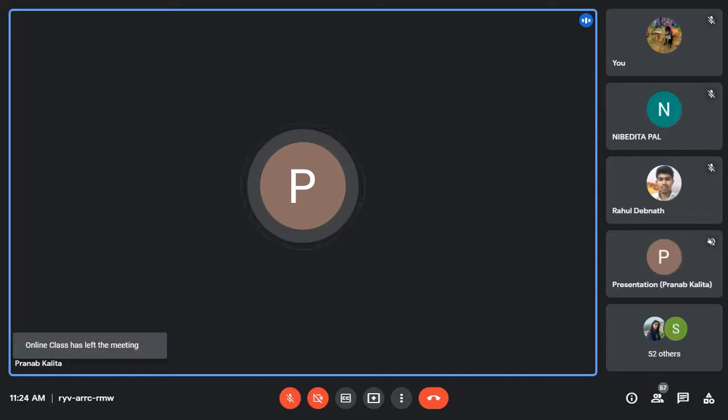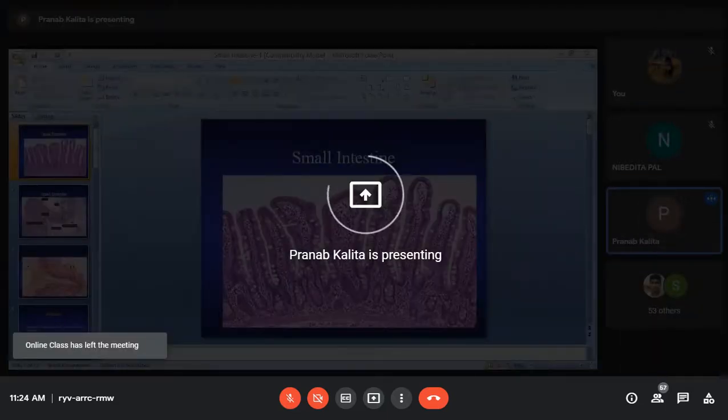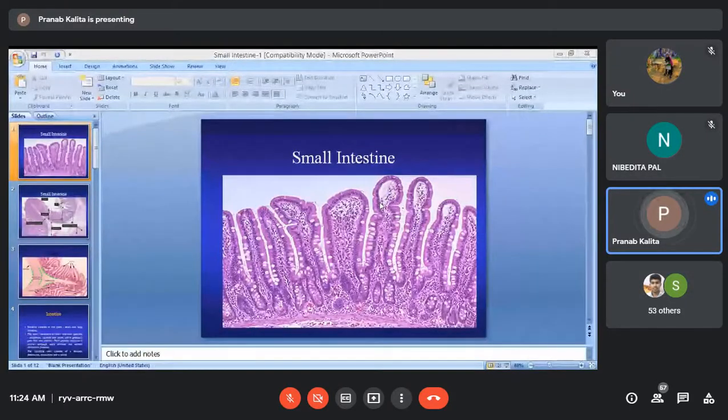Next to the stomach, what you will find is the intestine. While we are talking about the intestine, normally it is a typical tubular organ, especially the small intestine part, and especially the first segment of the small intestine, the duodenum.